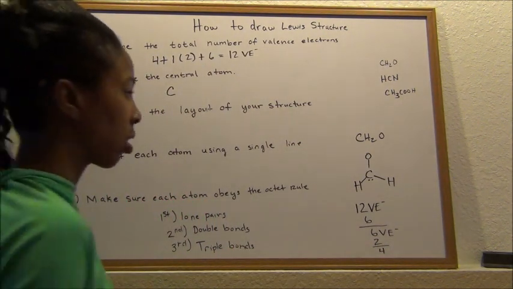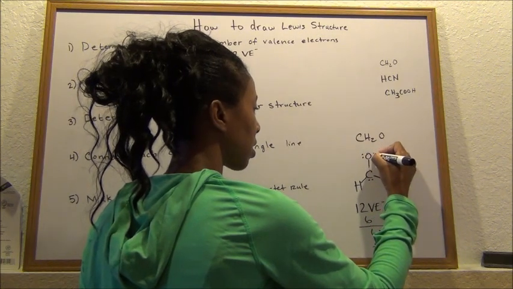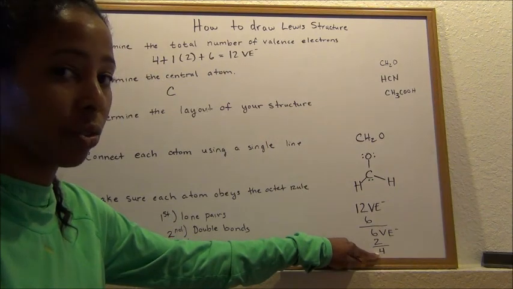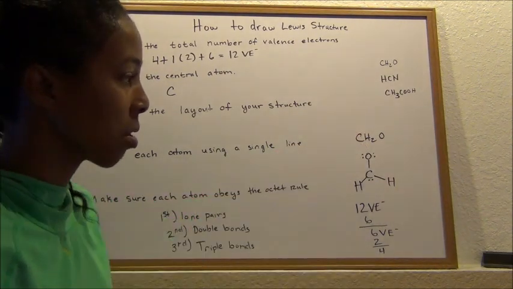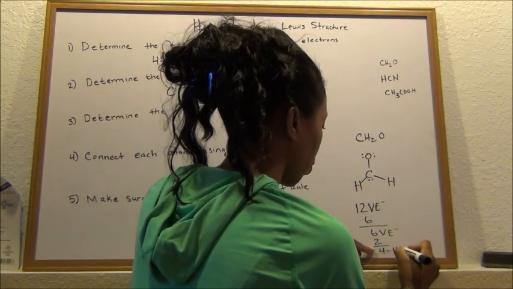Now with oxygen, it has 2 around here, 4, 6, but I only have 4 to use, so I can't put that extra pair of electrons on because I am done. I only have 4 to go.